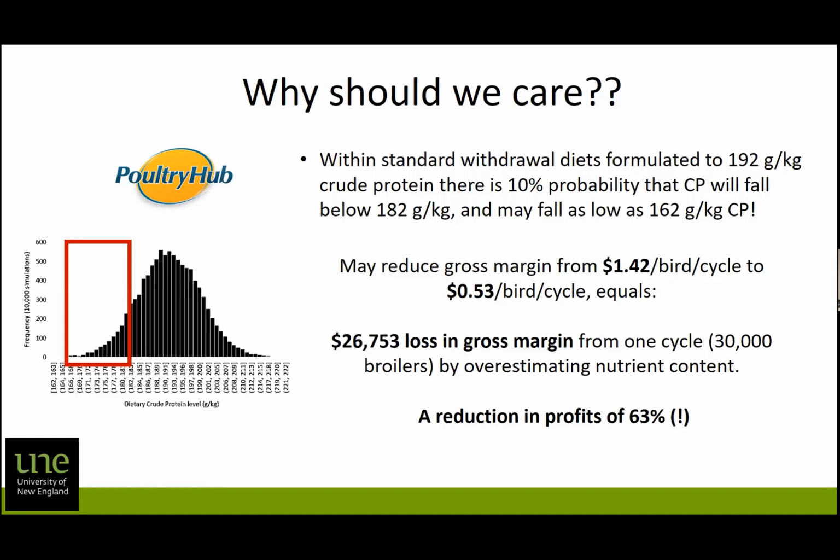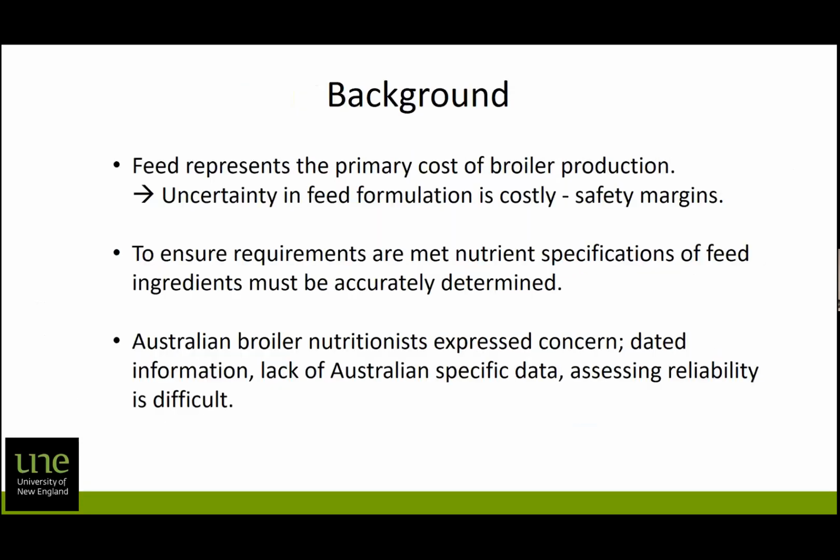So this is certainly important for industry. While it is a small chance, if you just happen to get a diet that is way lower, it can certainly cost quite a lot.